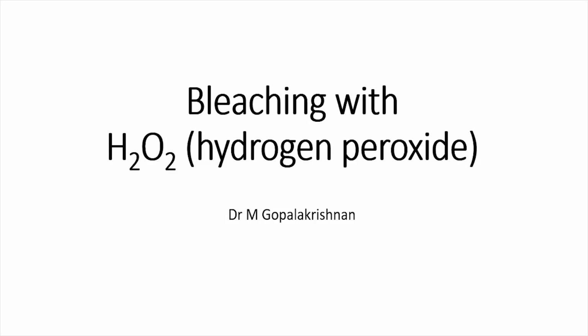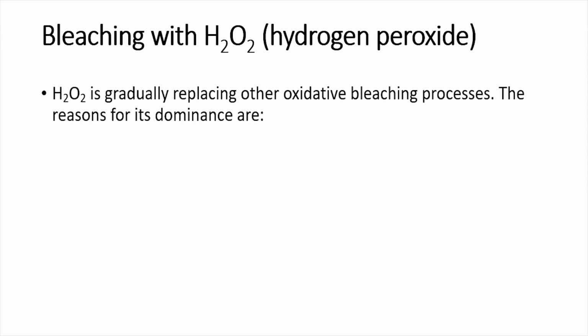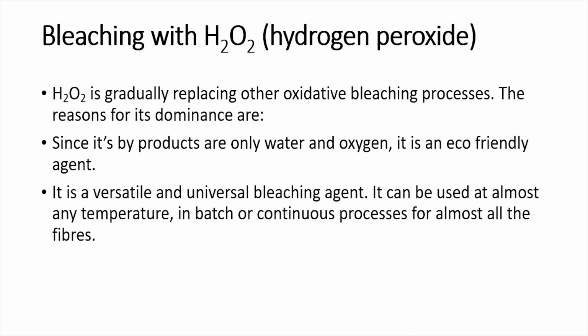Bleaching with hydrogen peroxide, that is H2O2. Hydrogen peroxide is gradually replacing other oxidizing bleaching agents for its dominance because it's a simple product. It is a product of water and oxygen, and it is eco-friendly in nature. It is a more versatile bleaching agent. You can bleach almost all the fibers.